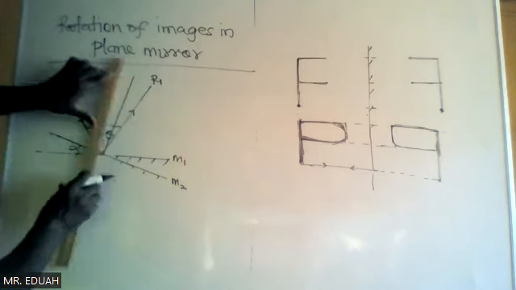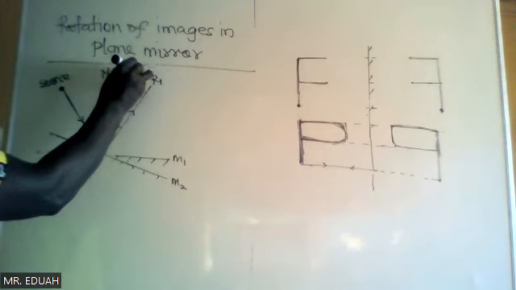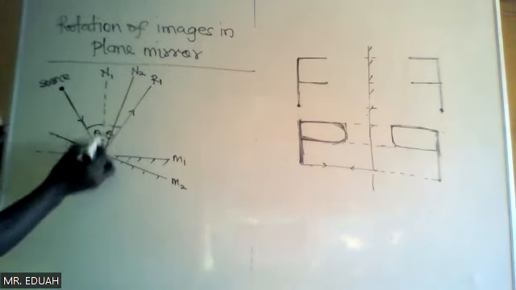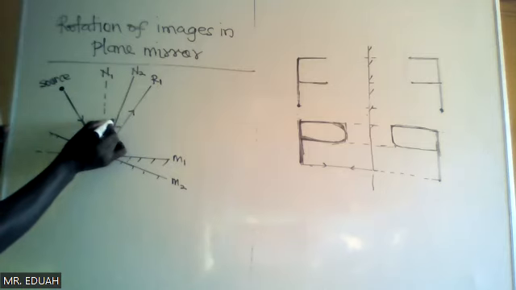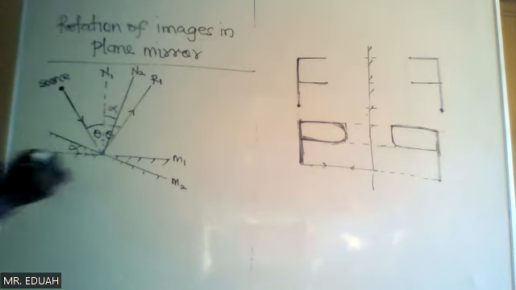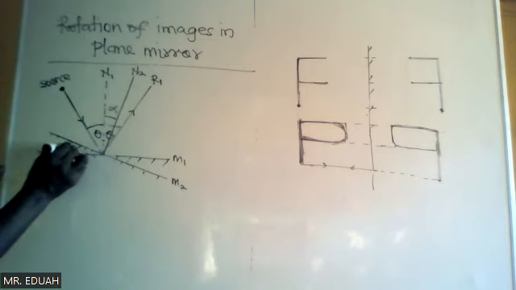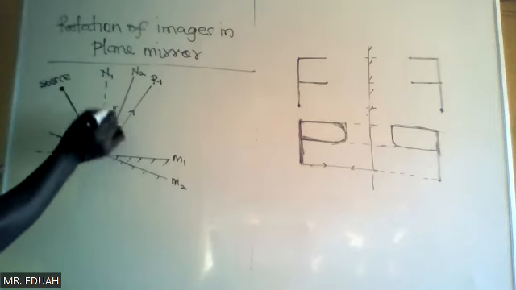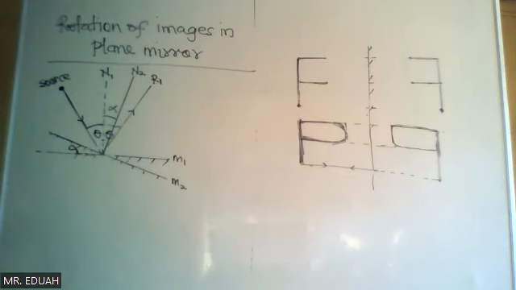This is N2. Now you realize that the angle between N1 and N2 is equal to the angle of rotation, alpha. The mirror is rotated through an angle alpha, and the change between the old normal and the new normal would be equal to the angle through which you have rotated.